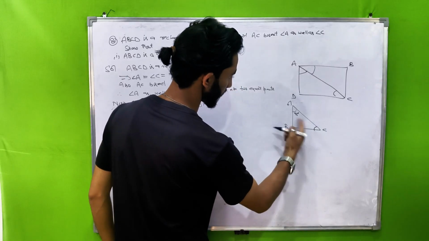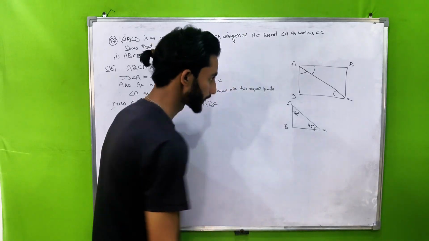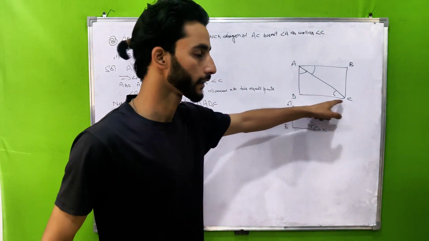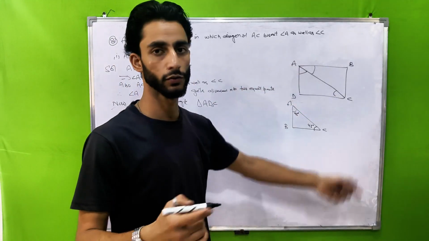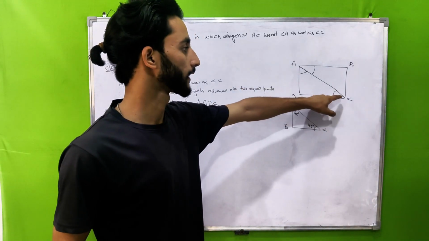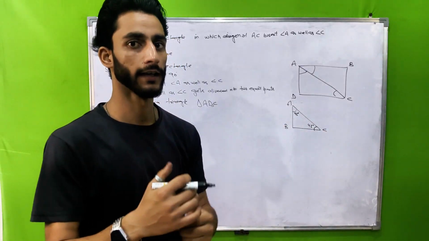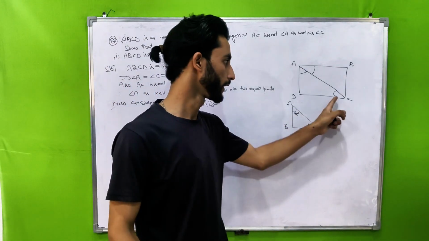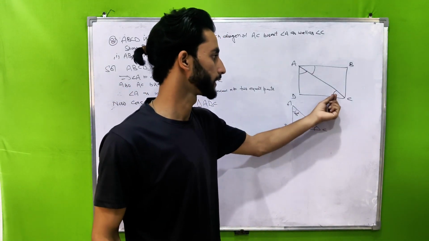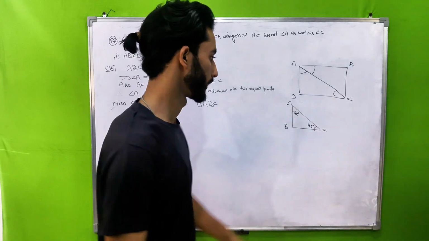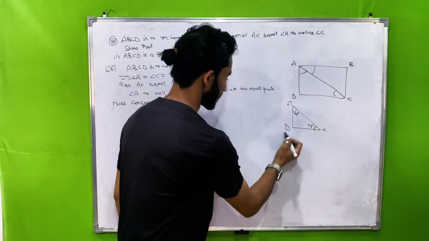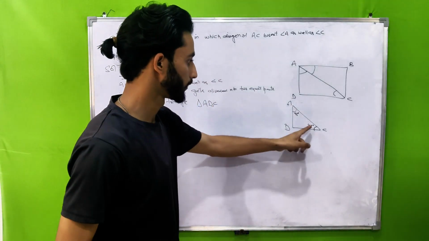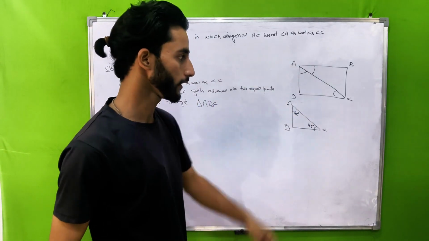Also, the angle BAC will be 45 degrees because the whole angle C is 90 degrees. AC is a bisector. It divides this angle into two equal parts. We know that half of 90 degrees is 45. Therefore, one part of this angle C is 45 and the other part will be 45. I write that DCA will be 45, DAC will be 45.